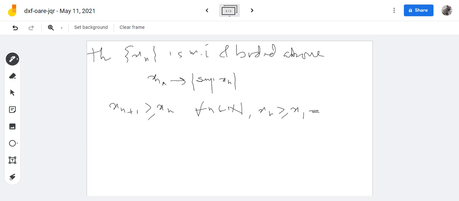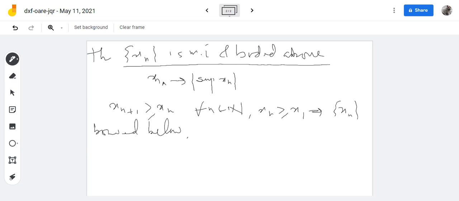So this implies this sequence xn is bounded below. Bounded below means it has a lower bound. And also, from the given statement that it is bounded above, it has an upper bound. So this sequence is bounded. Hence the sequence is monotonic increasing and bounded.